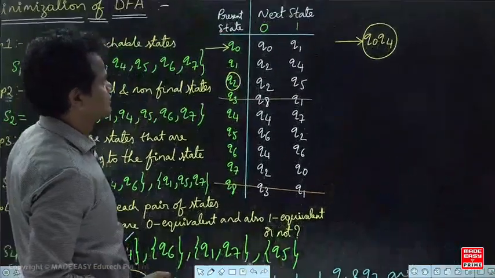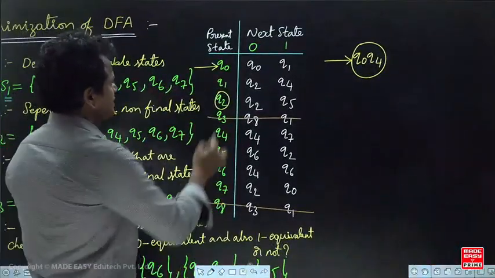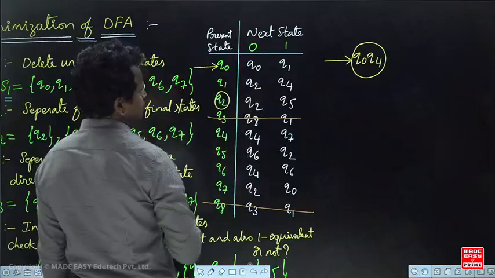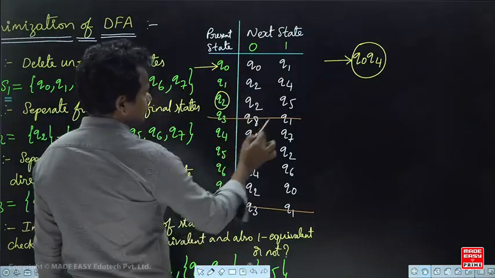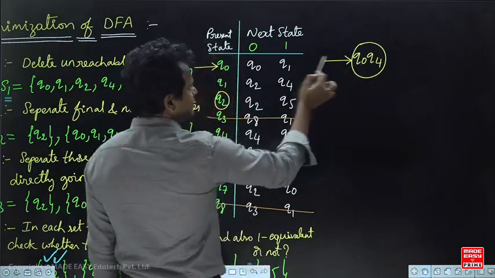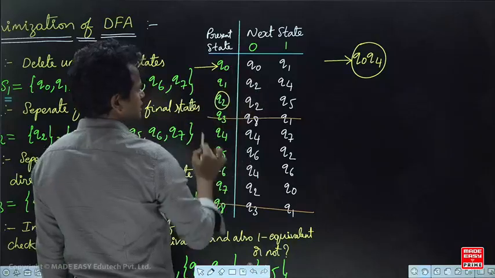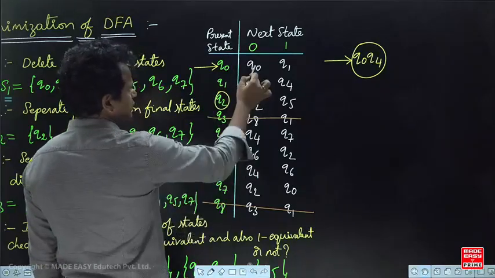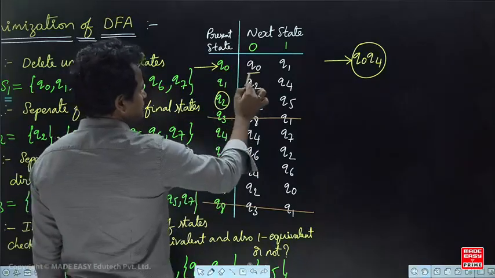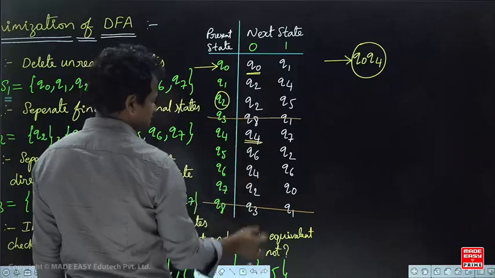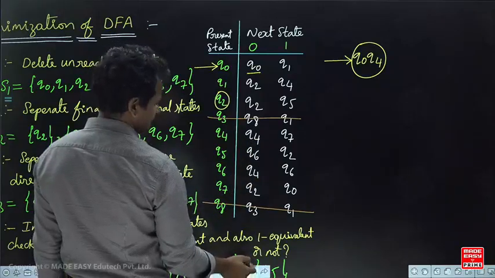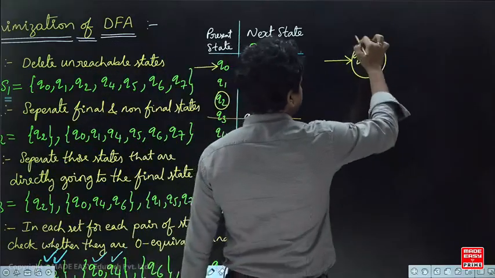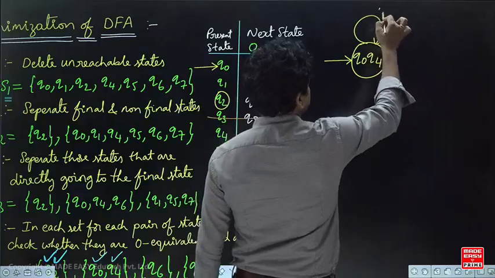Okay. Now look at this one. We are reconstructing. Q0 on 0, Q0. Q4 on 0, Q4. This combination is Q0, Q4. That means in this state, if 0 comes, stay in the same state.